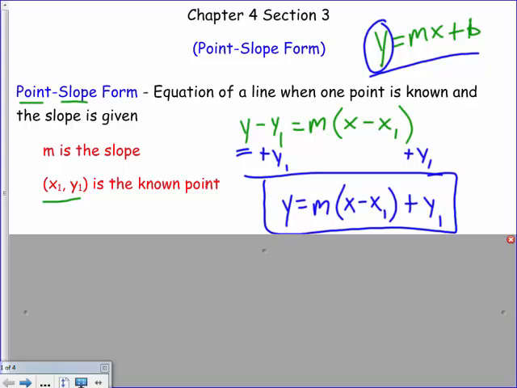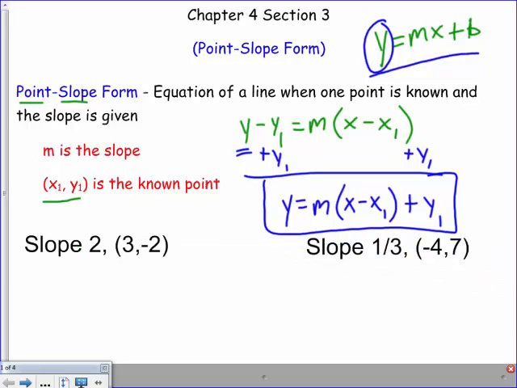So you never plug anything in for the y or the x. You only plug in for the x1 and the y1 and the m. So for example, if I look at this left one over here, it has a slope of 2, an x1 of 3, and a y1 of negative 2. So when I'm given a slope and a point, I can use my point-slope.